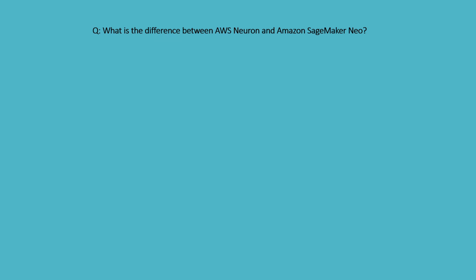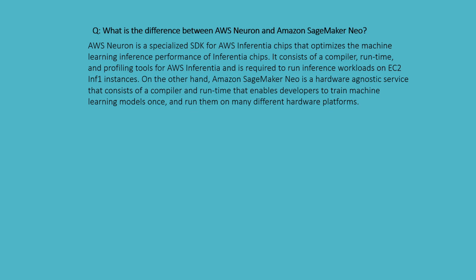What is the difference between AWS Neuron and Amazon SageMaker Neo? AWS Neuron is a specialized SDK for the AWS Inferentia chip that optimizes machine learning inference performance for Inferentia chips.